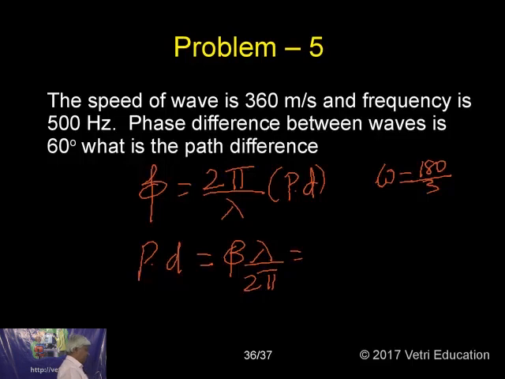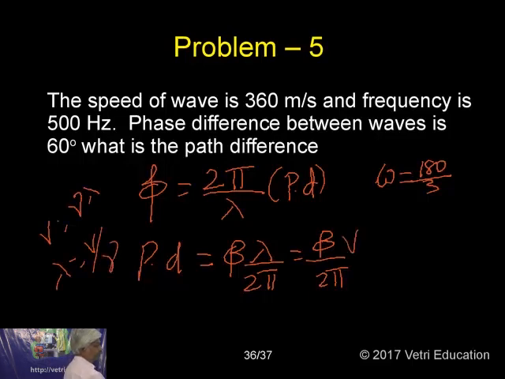What is the wavelength lambda? v is equal to nu lambda, or lambda is equal to v by nu. We have to convert it. Given parameters v by nu. So simply substitute here.